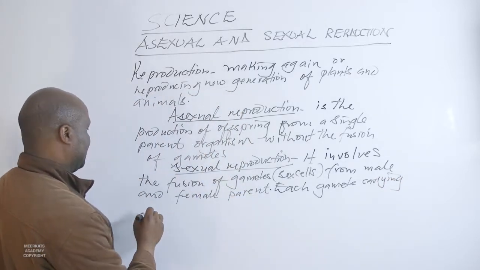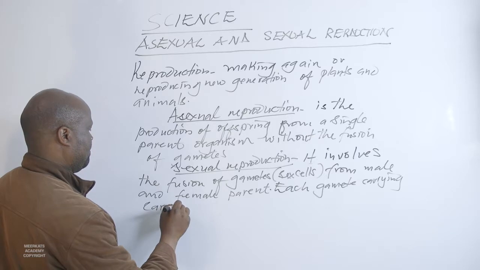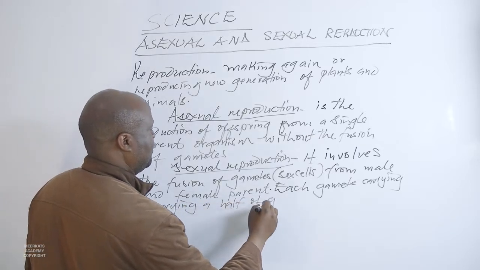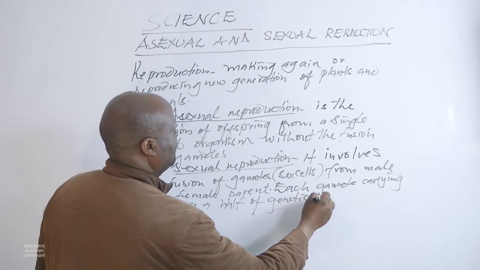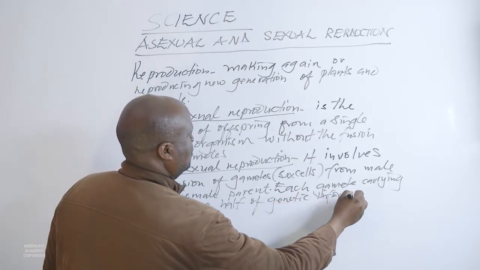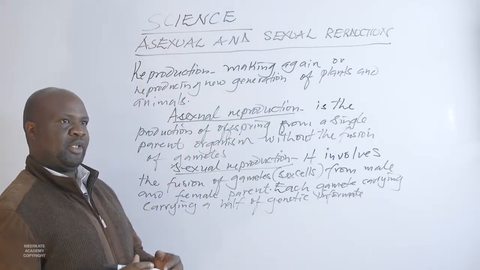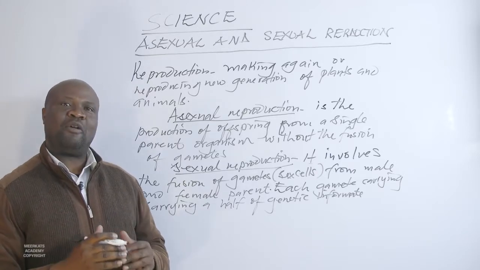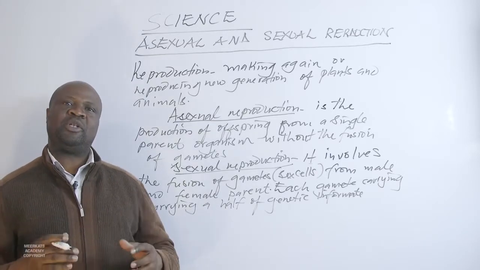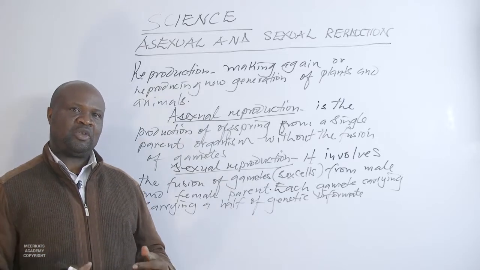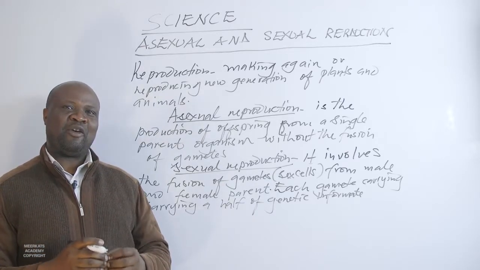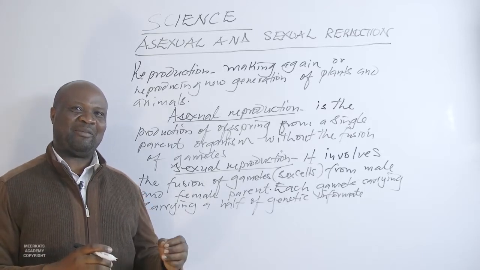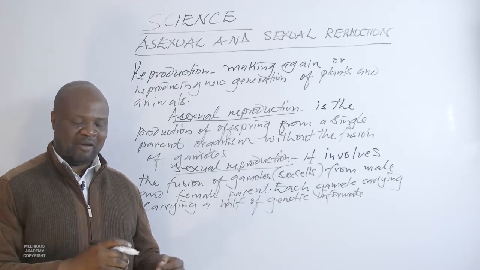Each sex gamete will carry half of the genetic information that it will be donating to the offspring, so that in the end we have an offspring that does not look completely like the male parent or the female parent.